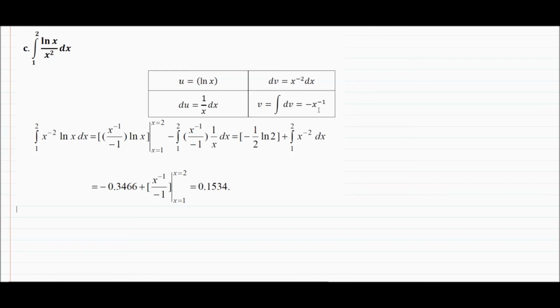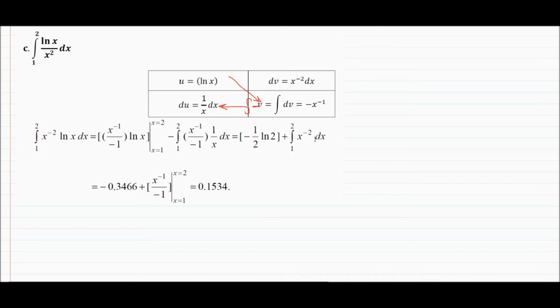Now I will make my ladder to be this multiplied by this minus the integration of this multiplied by this. So you will find ln x multiplied by negative x power negative 1, minus integration of 1 over x multiplied by negative x power negative 1, and after simplification it will be x power negative 2.